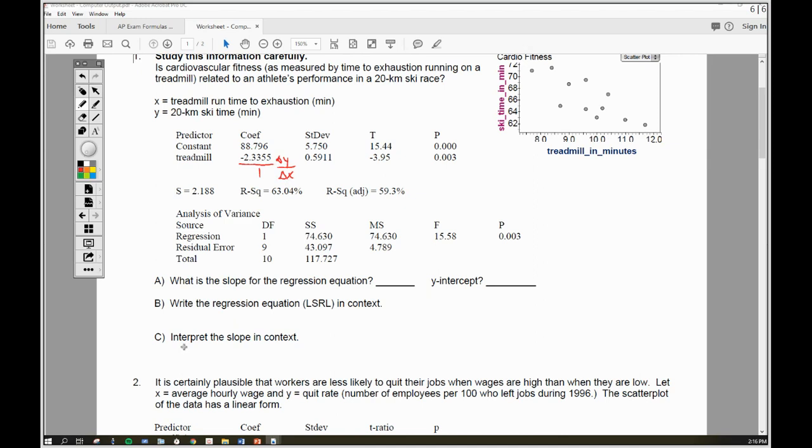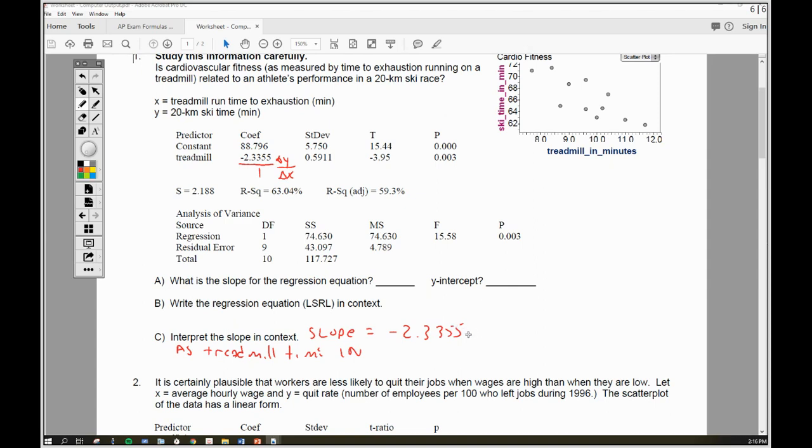I'm going to say, as x, treadmill time, increases. Oh, wait, first of all, slope equals negative 2.3355. They just asked me that above, so I probably wouldn't have to write that again if it's that close, but generally rewrite slope.